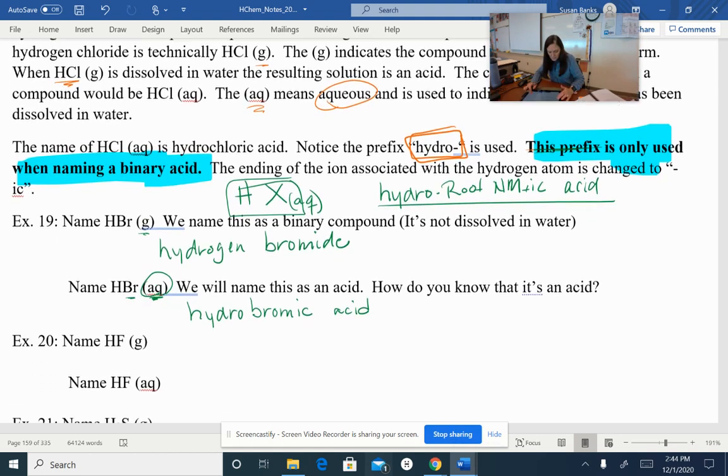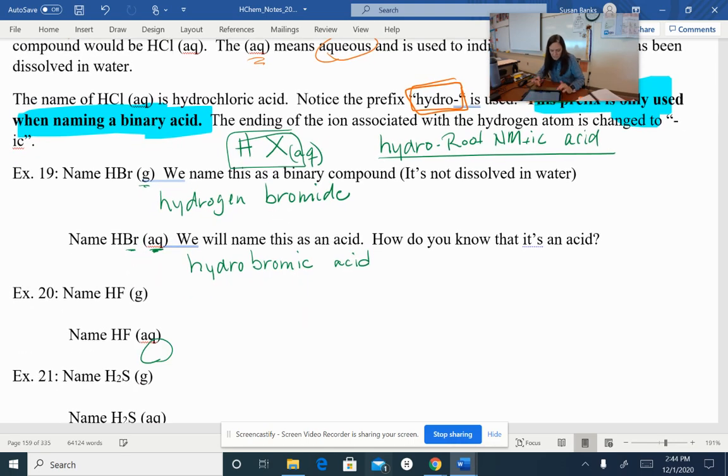Okay? So let's name this next one. We have HF gas. So we know it's a covalently bound compound. So we're going to call this hydrogen fluoride. But here it's dissolved in water. So we're going to use our binary acid rules.